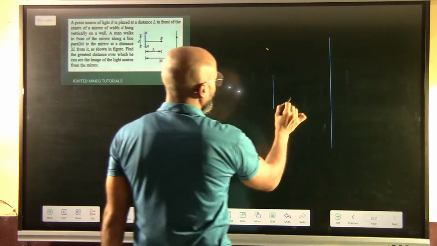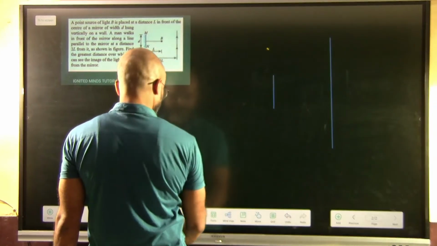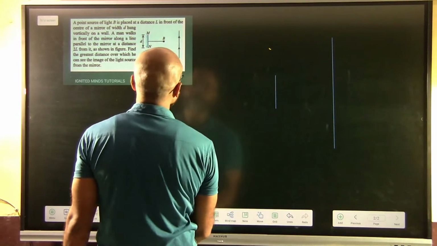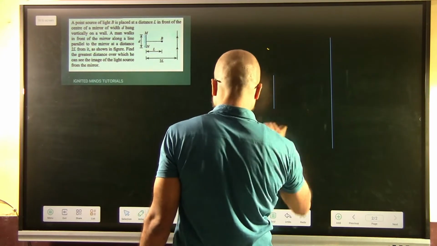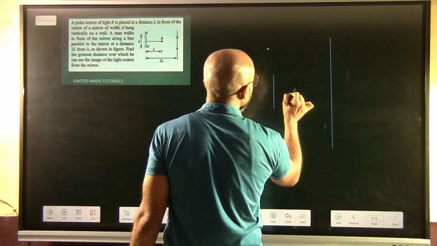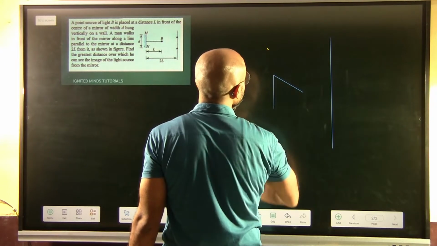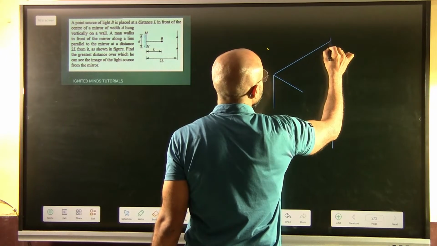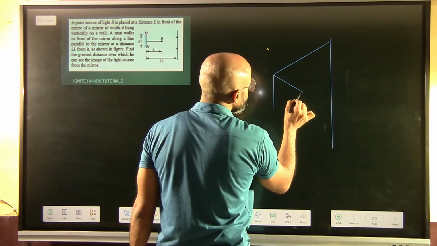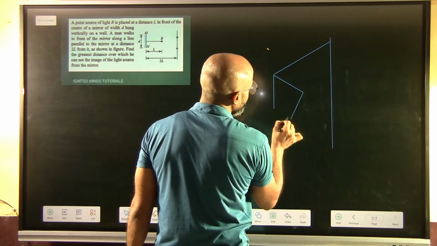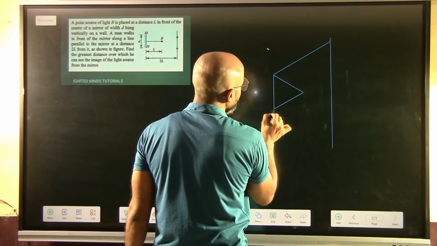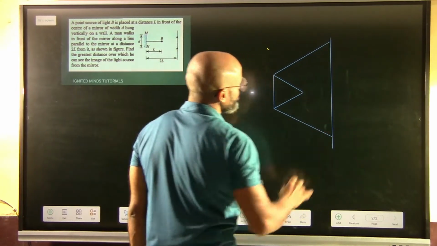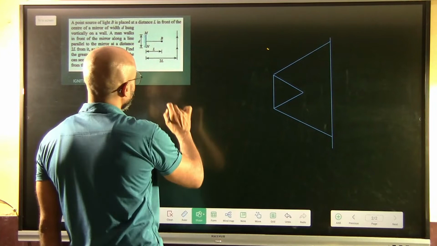On this side we have a point B, exactly at the middle. If I trace the incident ray from the point B, it will be reflected like this and reach somewhere here. Similarly, the incident ray from the point B here will reach somewhere here and then be reflected somewhere here. This is how the reflection is happening.